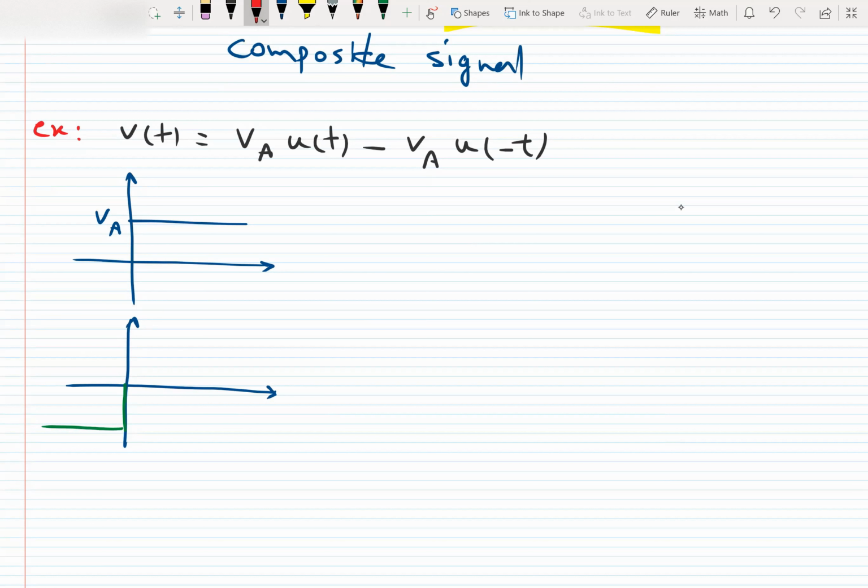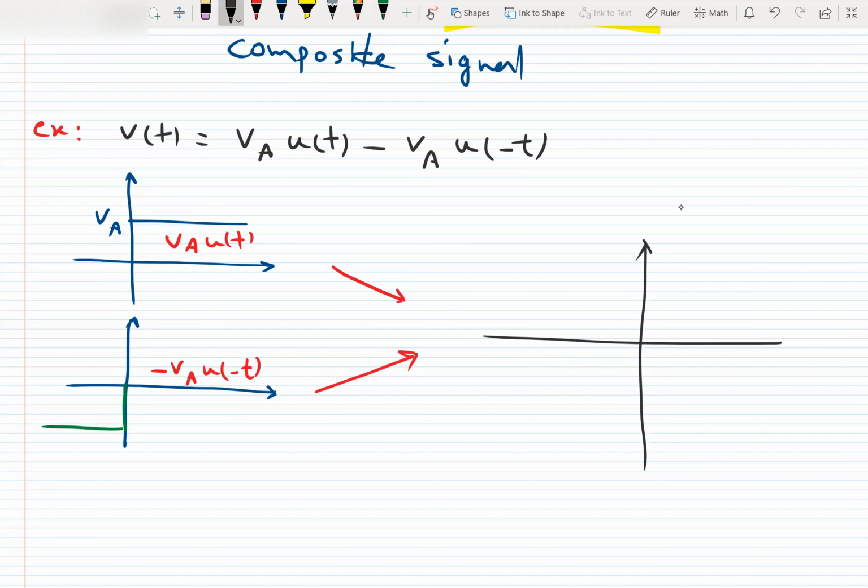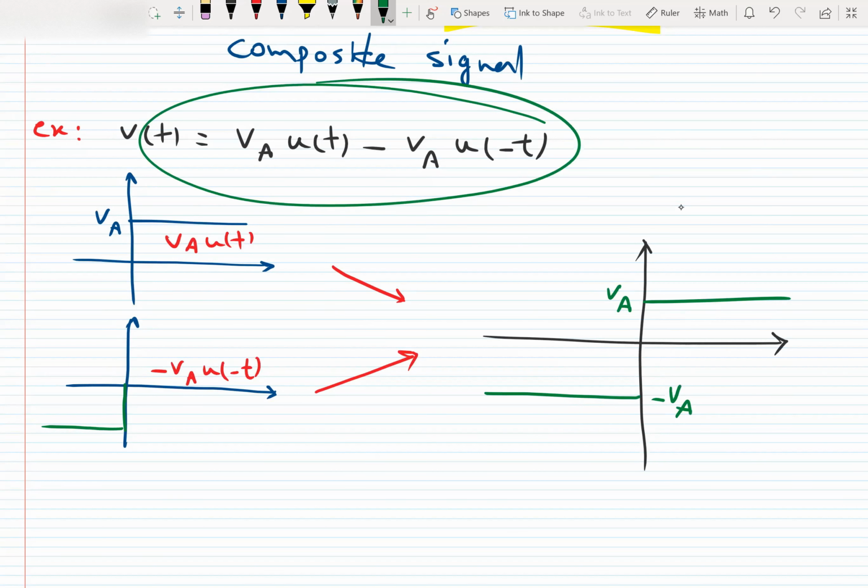If we combine these two signals together, we will have a composite signal in this form. Okay, here is the composite signal for VA u of t minus VA u of negative t.